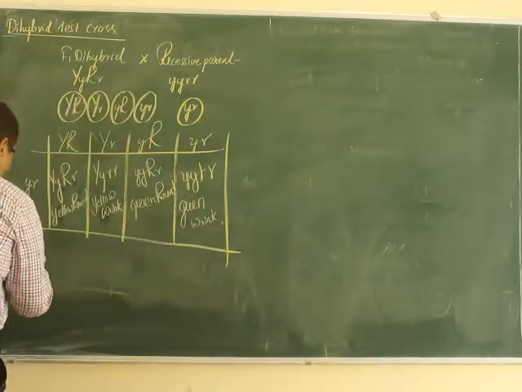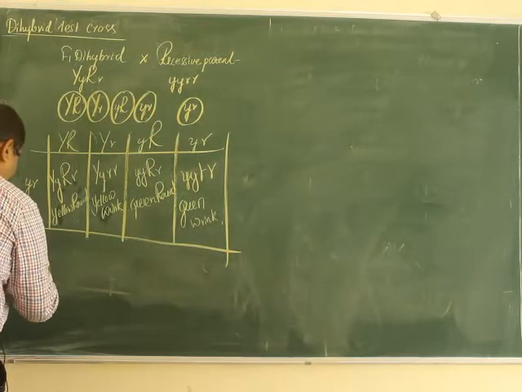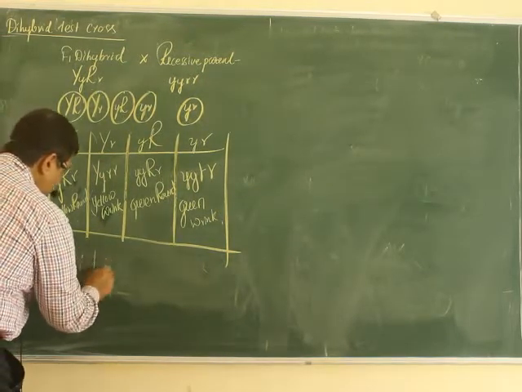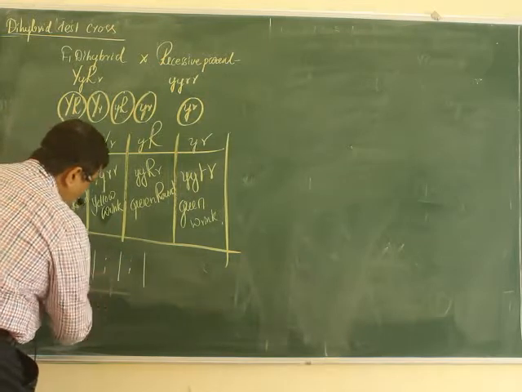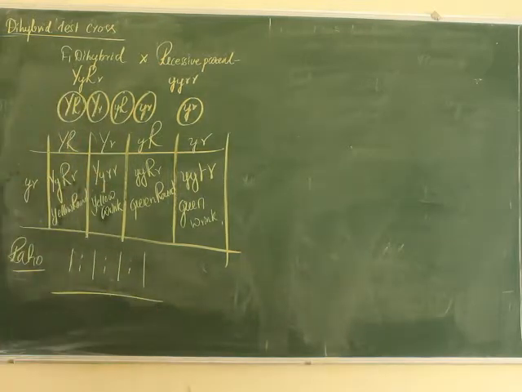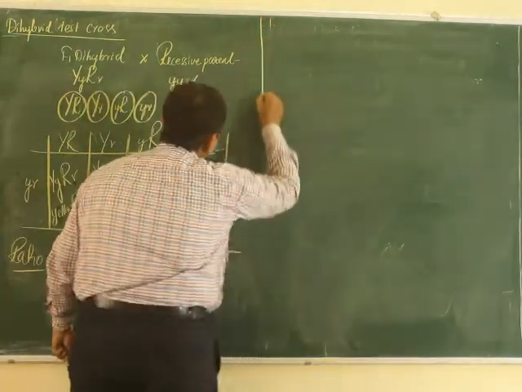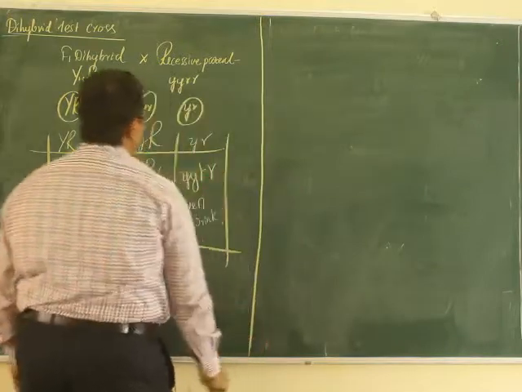So the ratio will be 1:1:1:1. This will be the ratio. So this is about dihybrid cross.